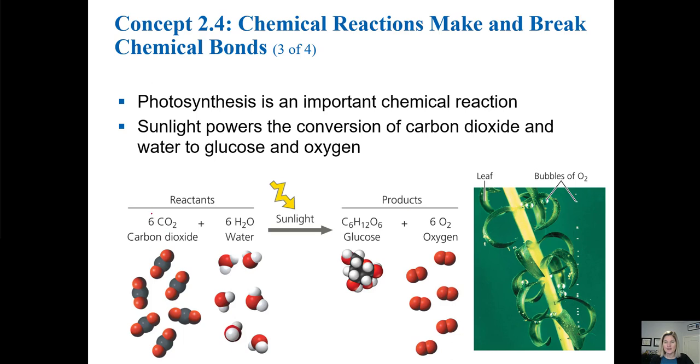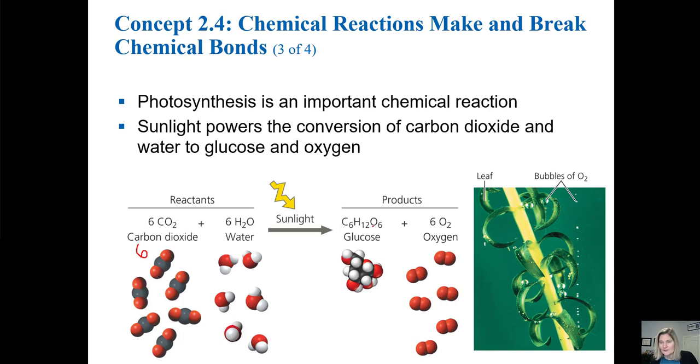If you notice, we have carbon dioxide, CO2, and we have 6 of them. Each carbon dioxide is made of 1 carbon and 2 oxygen atoms. The carbon is in black, and the oxygen are these little red ones. So if I have 6 total carbon dioxides, that means I have 1, 2, 3, 4, 5, 6 total carbons, right?